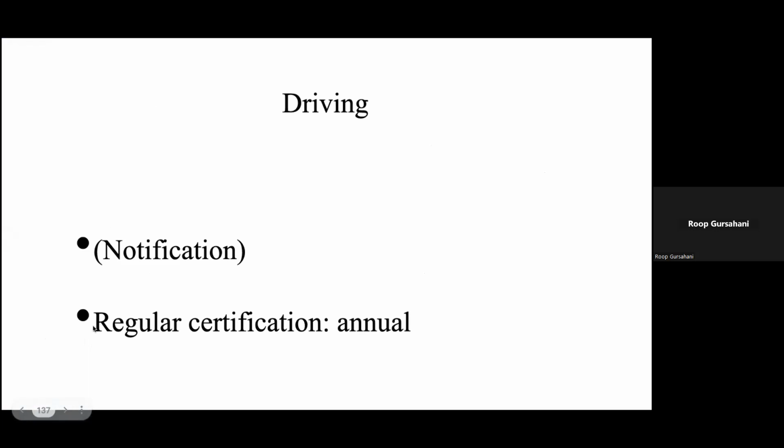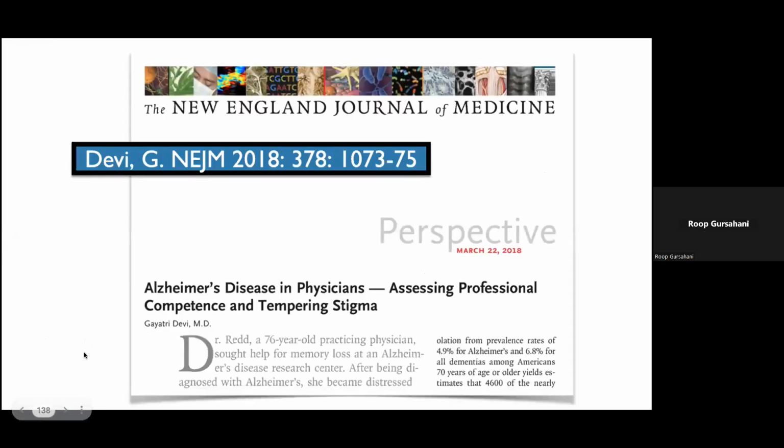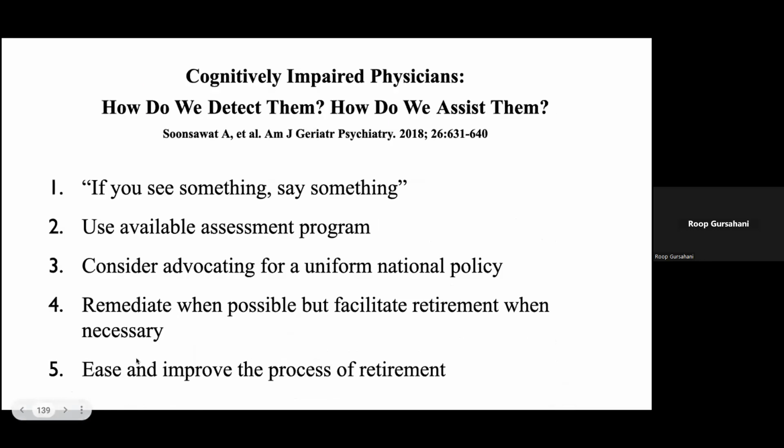But there are other issues that come up for neurologists when somebody has dementia. You have to find out if they are driving, and if they are driving, then they and the family have to be warned to stop. Alzheimer's disease in physicians is, I think, a noticeable issue, but it's a fairly big issue, for instance, in the United States.